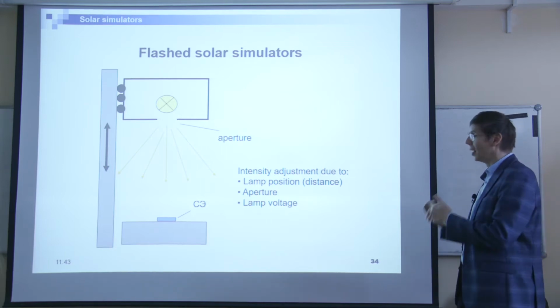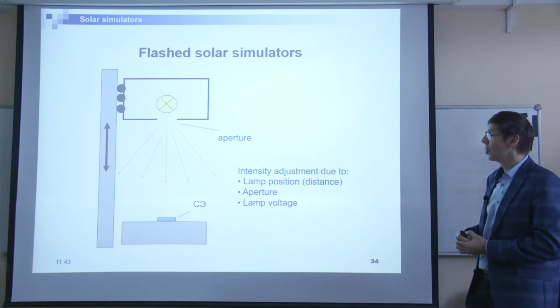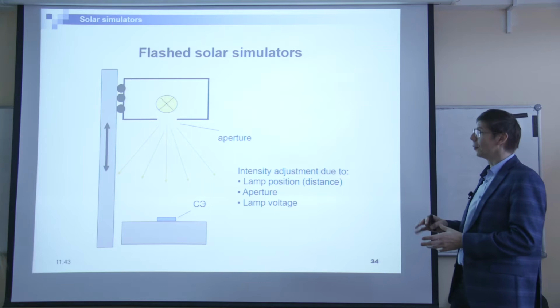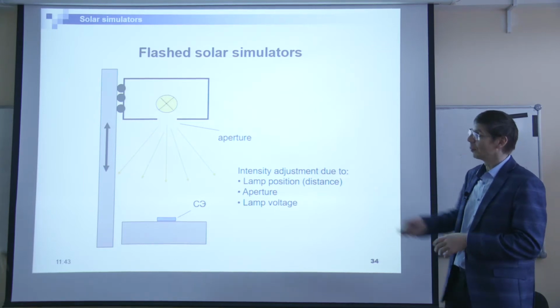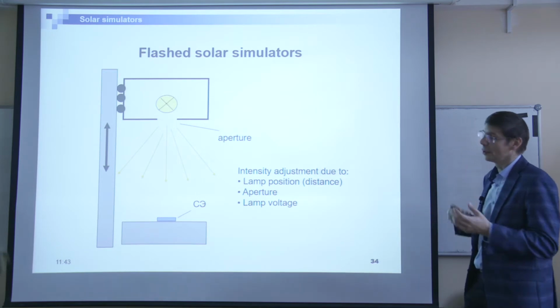The same for the higher voltage. So you have some optimal range for the voltage to make some adjustment if you need, but when you have some possibility to change the position of the source, you actually don't need it.